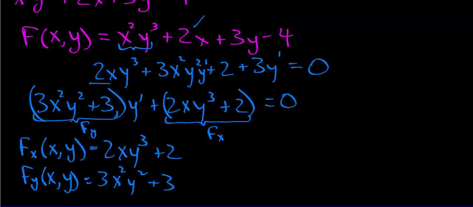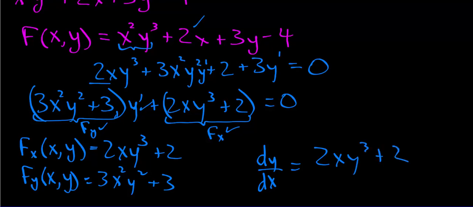So this is kind of what we had before. We had partial with respect to y, dy/dx, and partial with respect to x. Now I move that over, and you'll see that dy/dx is equal to 2xy cubed plus 2 with a minus out front, because I moved it to the other side. And down here we have 3x squared y squared plus 3.